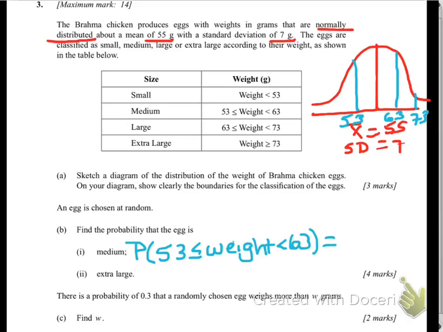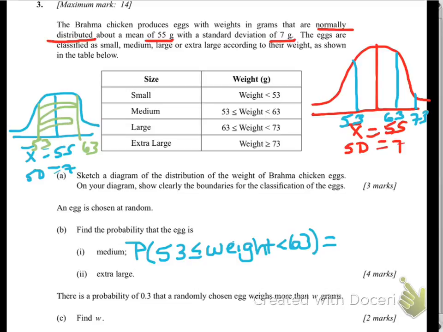Okay, now you know how I always like to draw the distribution, so I'm just going to sketch it off to the side, label the mean and the standard deviation, and 53, let me choose another color, 53 is less than, so that's going to be to the left, and 63 is greater than, and I'm going to shade in the middle. This is the area that they're interested in.